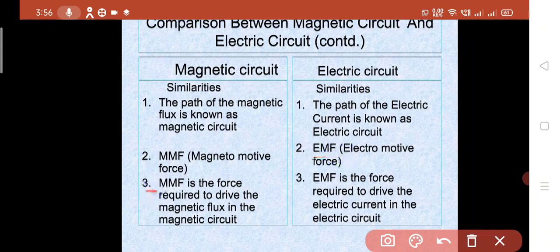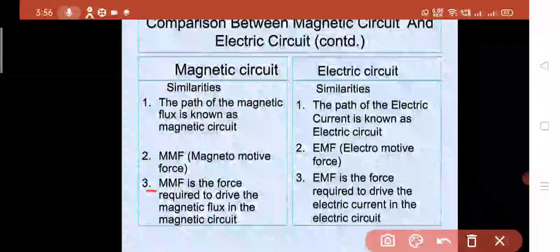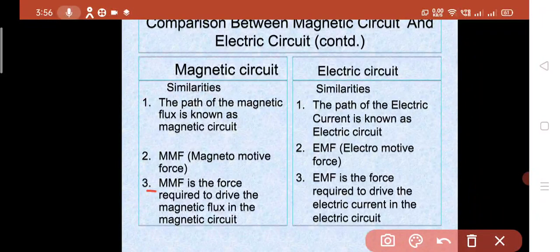And third point, magnetic circuit: MMF is the force required to drive the magnetic flux in the magnetic circuit.